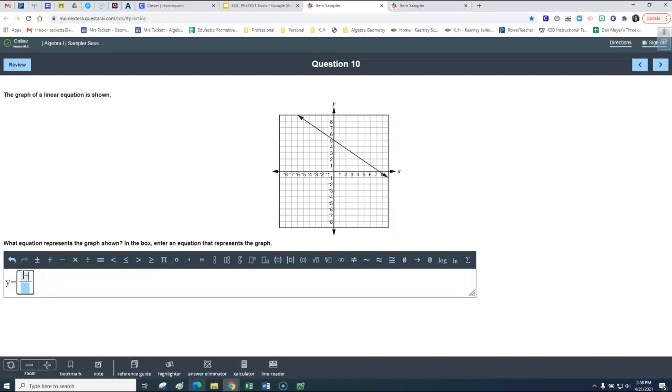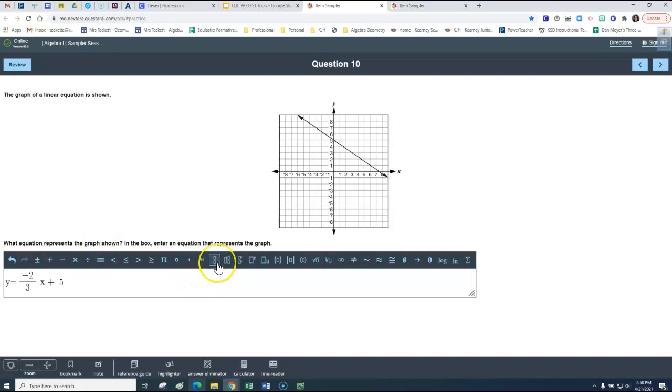So it's -2 over 3. And then I'm going to go outside of it. I'm going to do x, and then you can put +5 right here, or +5 on the keyboard. Okay, so pretty simple.